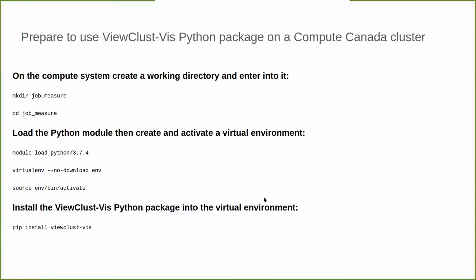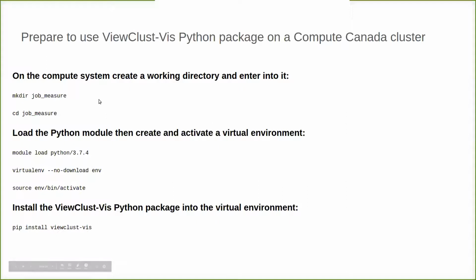Now, what we want to do right now is go onto a system and actually run this summary, creating the job stack plot and the utilization of the system. So what I'm going to do as an example is I'm going to log into a system.